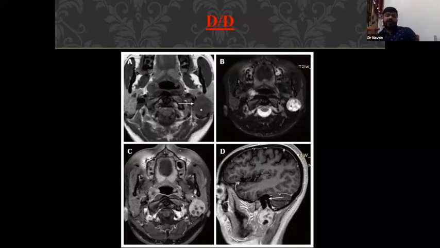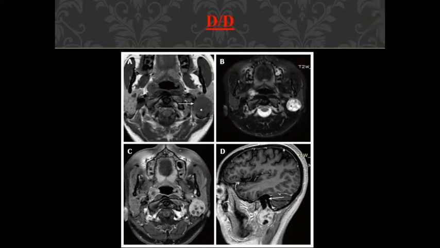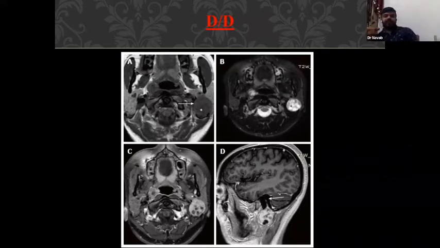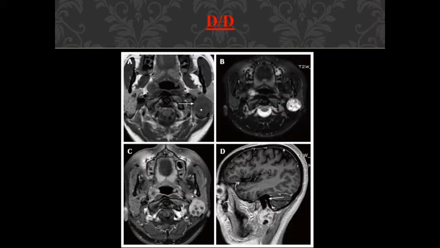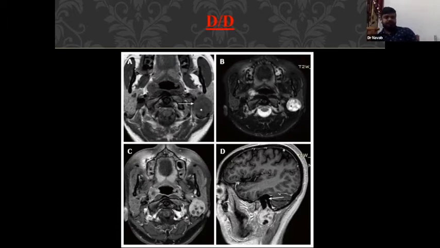You are seeing a well-defined bright lesion, almost similar to the parotid gland, right? Then on contrast, you are seeing a heterogeneous lesion with a few cystic or unenhancing areas. In the last image I marked one arrow there. What is that sign called? What is your diagnosis?